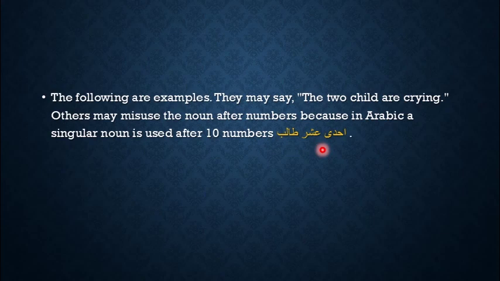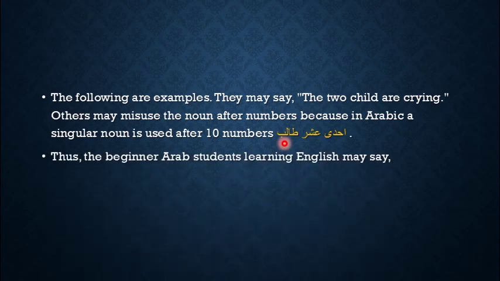As you see, in Arabic we have 11 but we use the singular noun طالب, not 11 طلاب, like in English. In English we say 11 or 12 or 13 or 21, whatever number after 10, followed by the plural: 13 students, 18 teachers, and so on. So this is again a difference between both systems regarding number inflections.